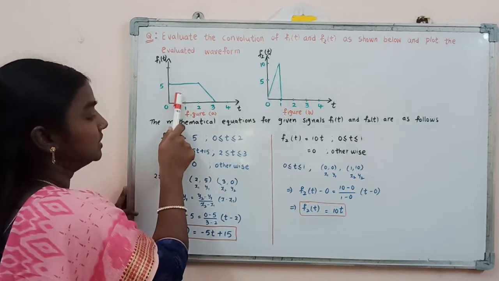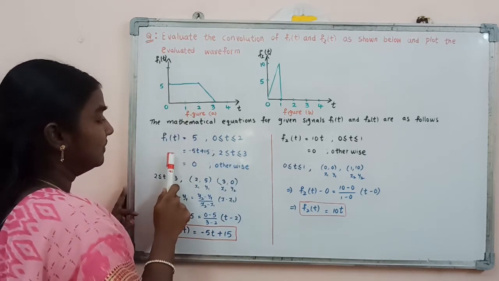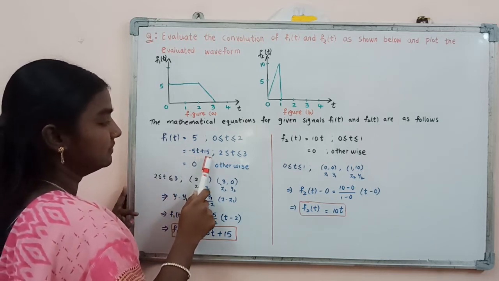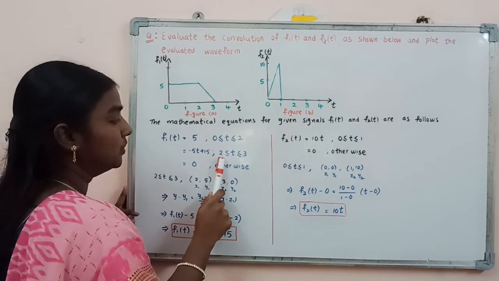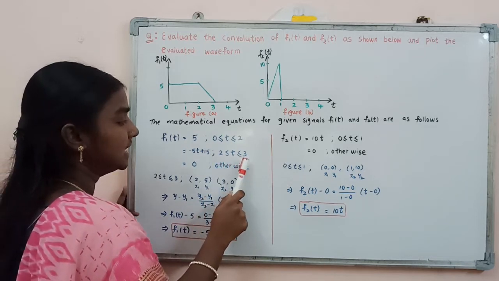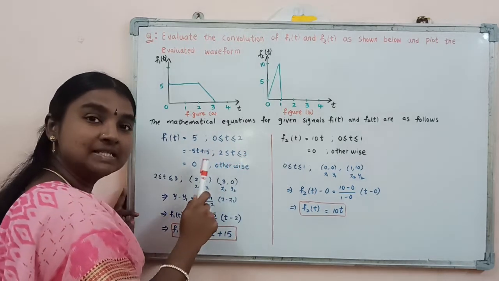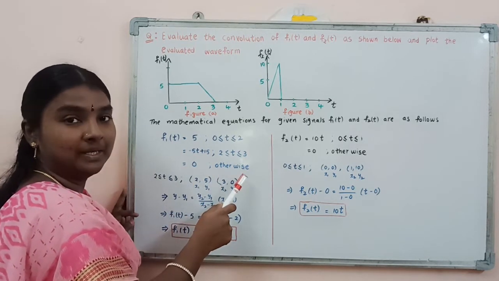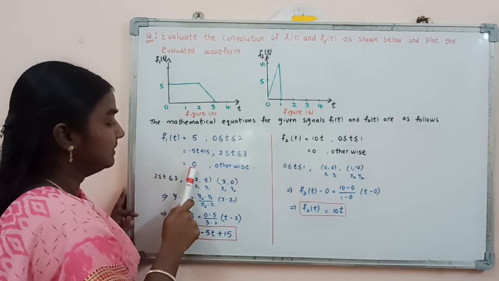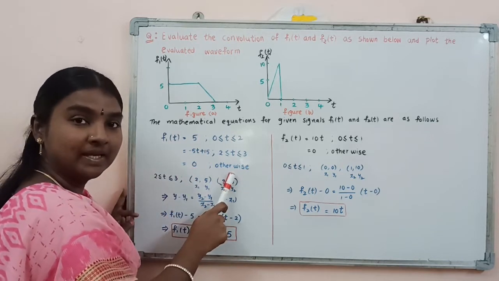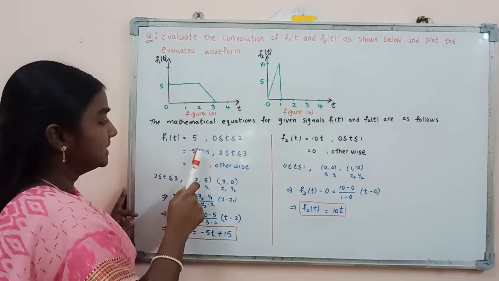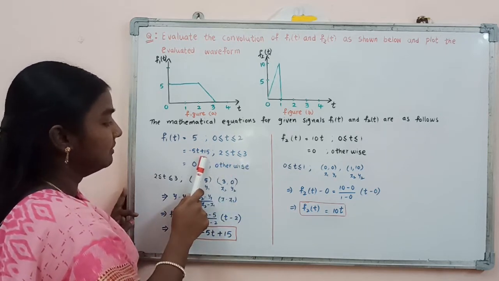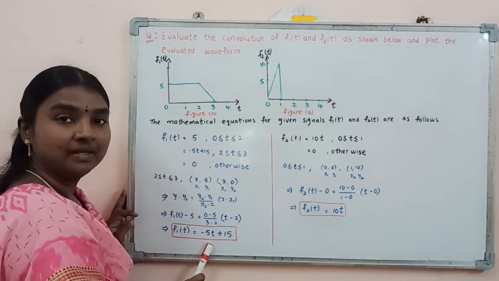Now in this figure it is showing, and f1 of t will be equal to minus 5t plus 50 in the interval 2 less than or equal to t less than or equal to 3. And this f1 of t signal will be 0 in other limits, so f1 of t will be equal to 0 otherwise. In the limit 2 to 3, this equation can be found in this manner.